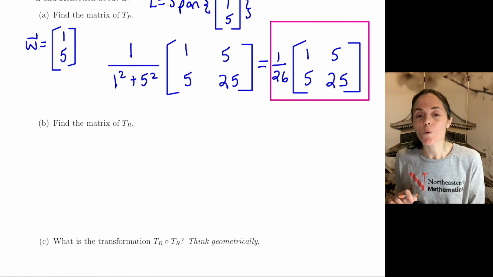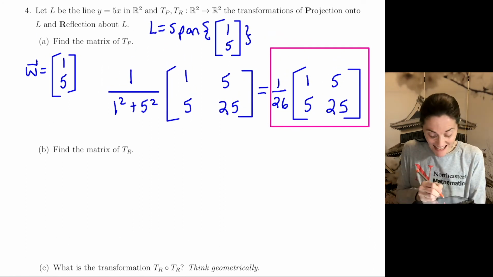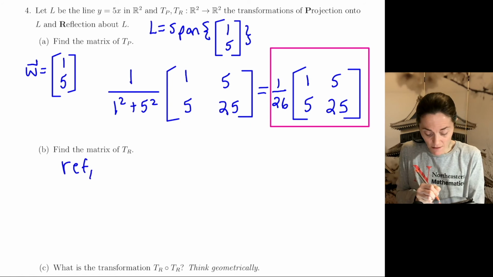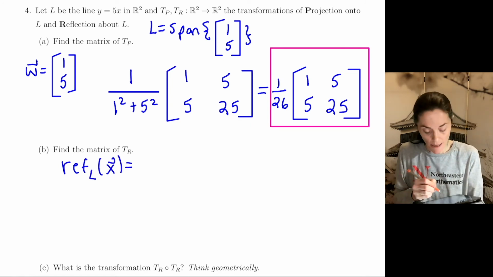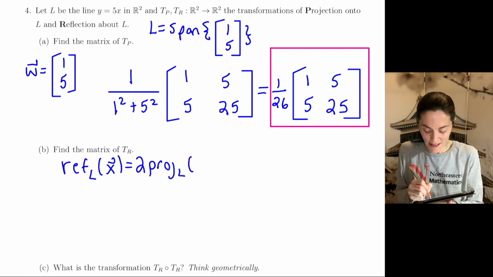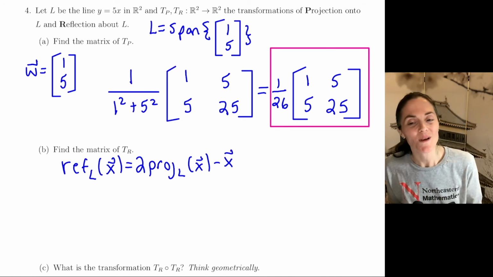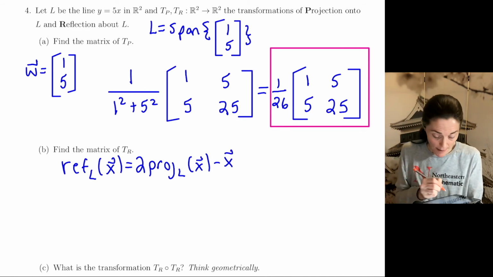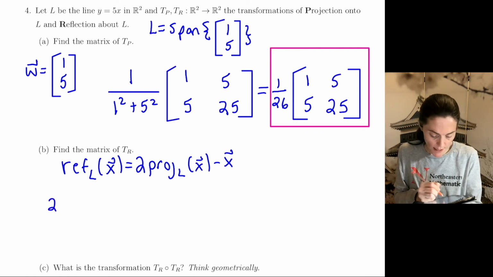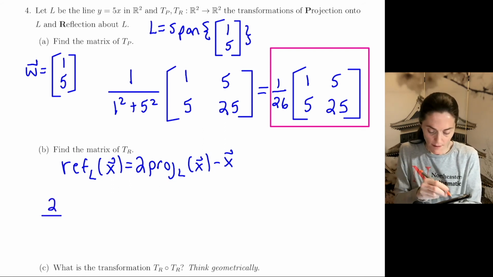Well, we have to remember what is reflection. If we want to reflect about a line of some vector x as a function, this was 2 times the projection minus the identity. And so on matrices, the matrix is 2 times the projection matrix. This is one way to do it.